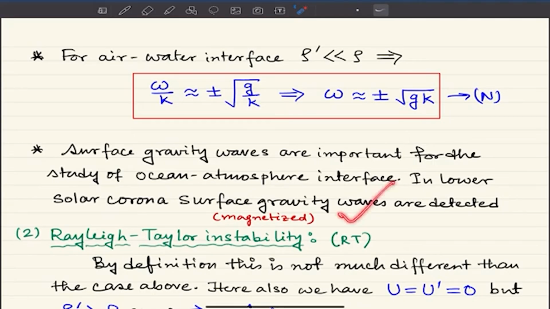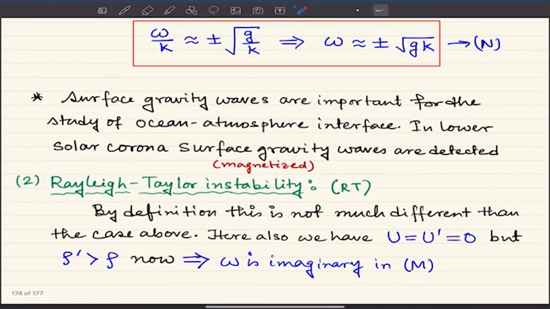Then plasma comes into play, and the surface gravity waves will be a generalized form, which will be the magnetized or magnetoacoustic surface gravity waves, which I will talk about a bit later when I talk about magnetohydrodynamic waves.